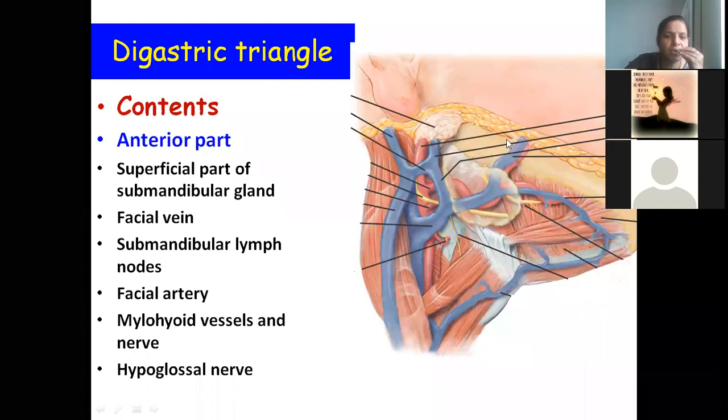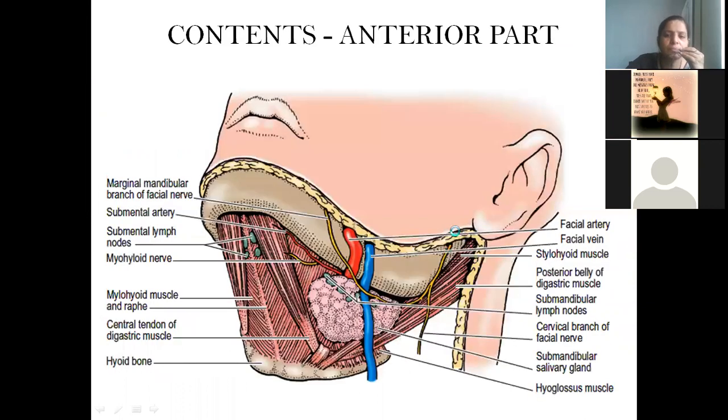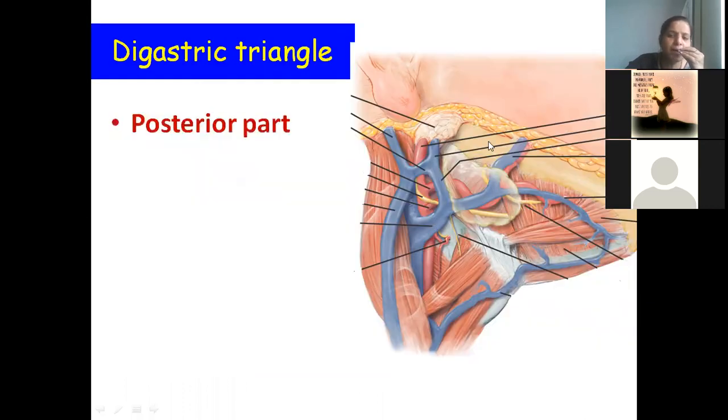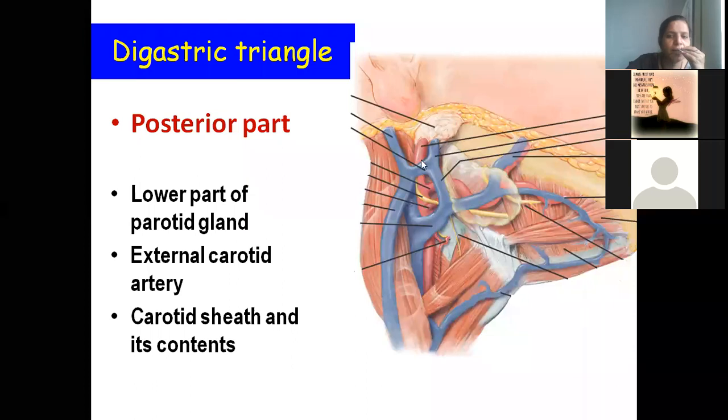It contains the facial vein, submandibular lymph nodes, and the facial artery. Its branches include the mylohyoid vessels and nerves. We also find the hypoglossal nerve. The posterior part of this digastric triangle contains the lower part of the parotid gland, external carotid artery, and the carotid sheath with its contents.